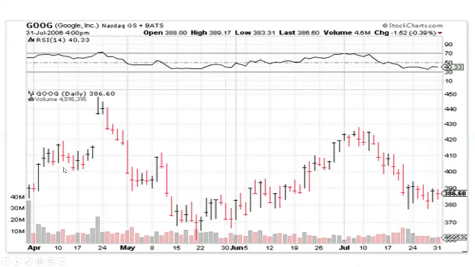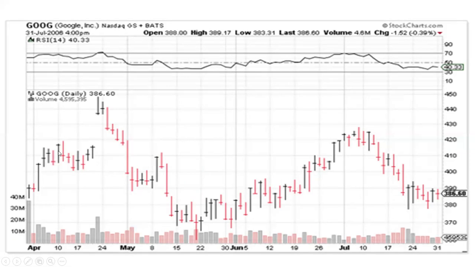This is a chart which is again a bar chart. These are price bars, high-low bars, and the horizontal tick depicts the closing price, and in the lower portion of the chart, the volume of transaction. If the closing price on a particular day is lower than the closing price of the previous day, the bar is red.